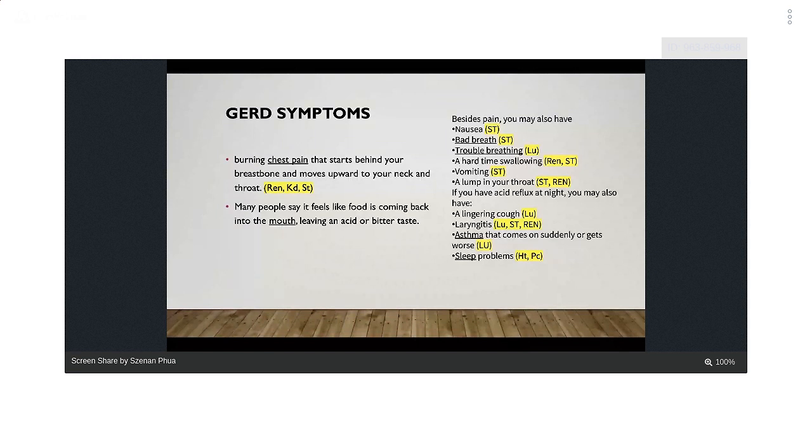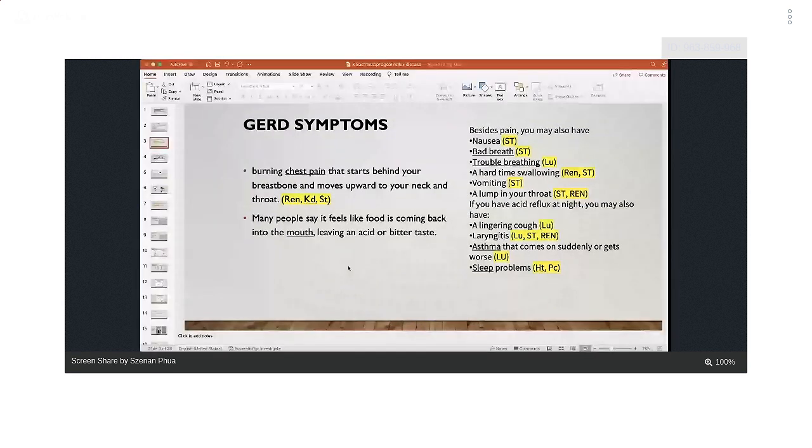The symptom is burning chest pain that starts behind your breastbone and moves upward to your neck and throat. So people will get a burning sensation or discomfort in the throat. Now, for us, we want to know what meridians are involved. So I put down here: kidney meridian and stomach meridian.